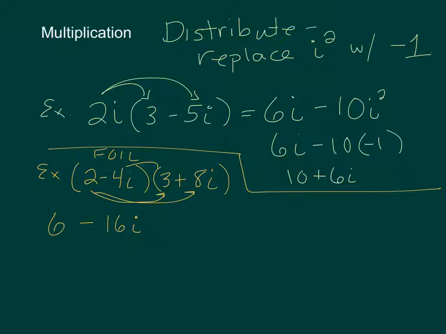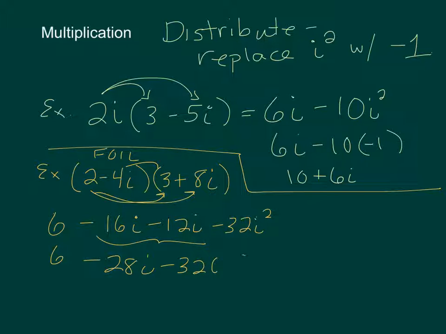Then we'll do the insides, minus 12i, and the lasts, minus 32i squared. If I collect like terms here, I get minus 28i minus 32 times, and we're going to replace that i squared with negative 1. So we're going to have 6 minus 28i plus 32, or 38 minus 28i.